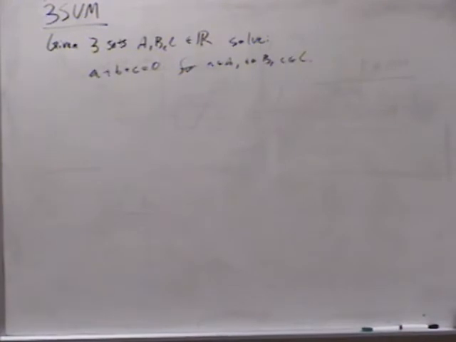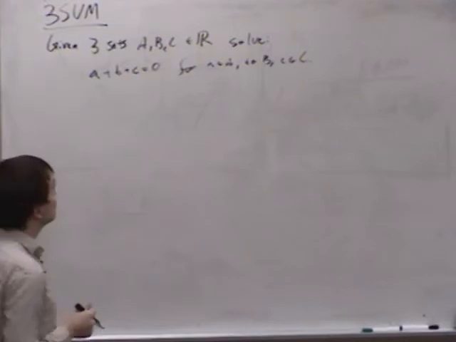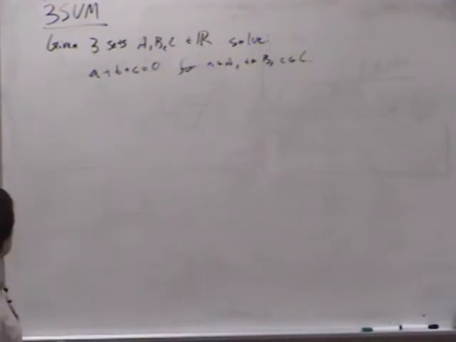The basic idea is you just want to find if there's any selection of values in A, B, or C independently that will sum to 0, all right?